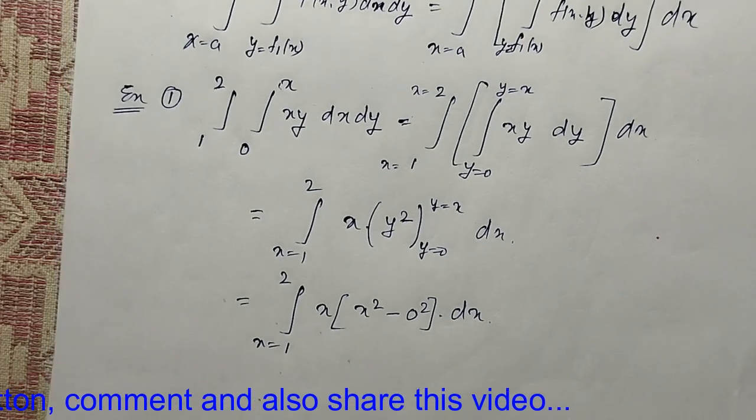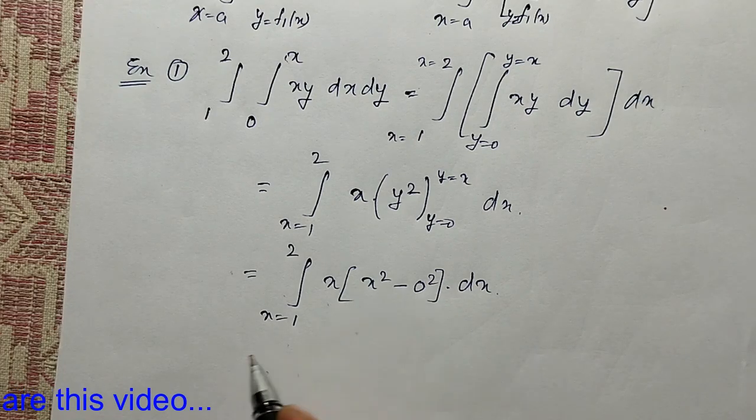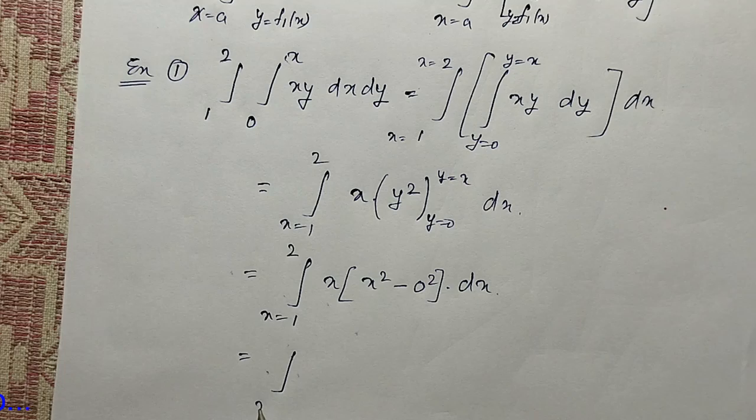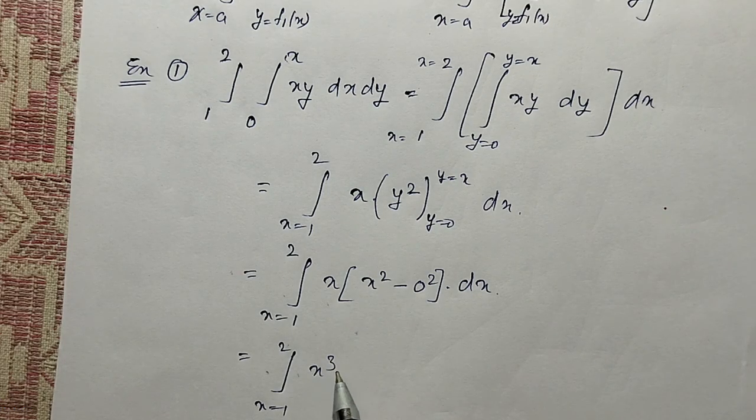Correct? Now, simplify this. Integration from x equal to 1 to 2, x into x square will become x cube into dx, which is equal to, you have to integrate simply x cube.